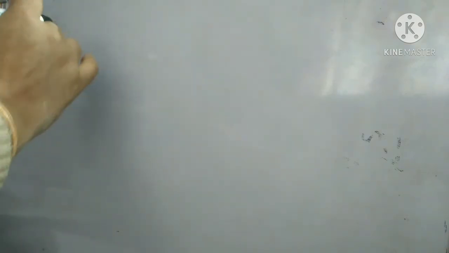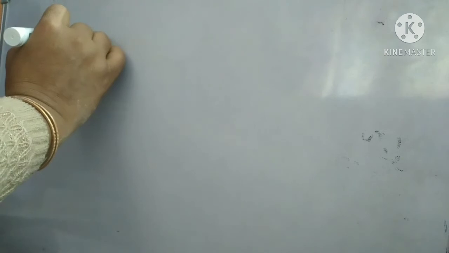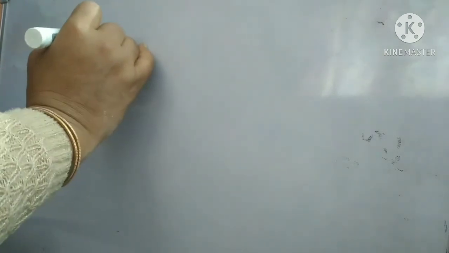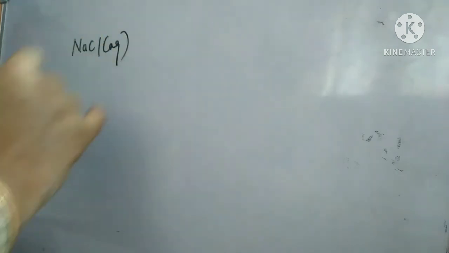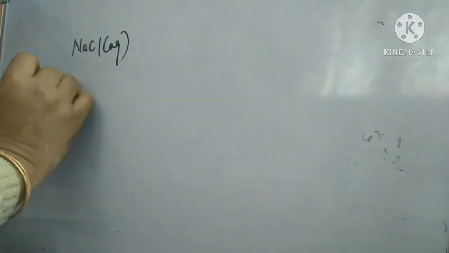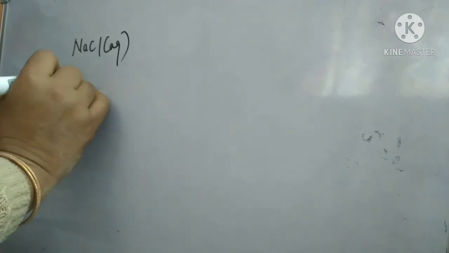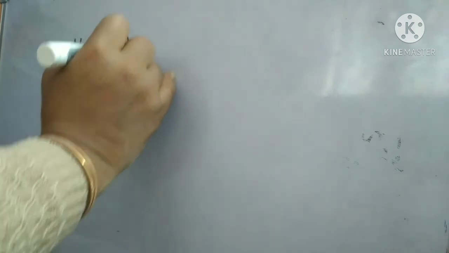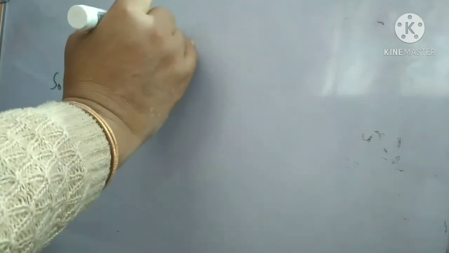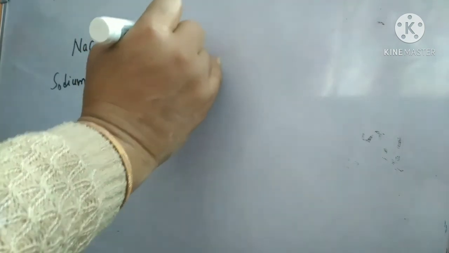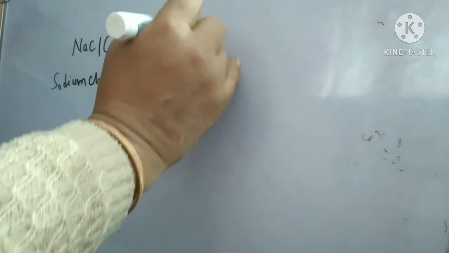So if I take the example of sodium chloride solution, that we write over here as aqueous, that means in the solution form, sodium chloride plus silver nitrate, that is also in the solution form.